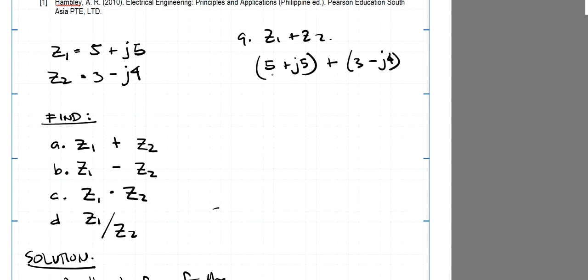We add the real numbers together: 5 plus 3 is 8. Then the imaginary parts: 5 plus negative 4 is just j1, or we'll just write j.